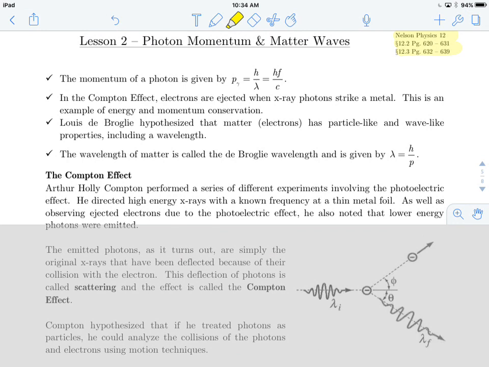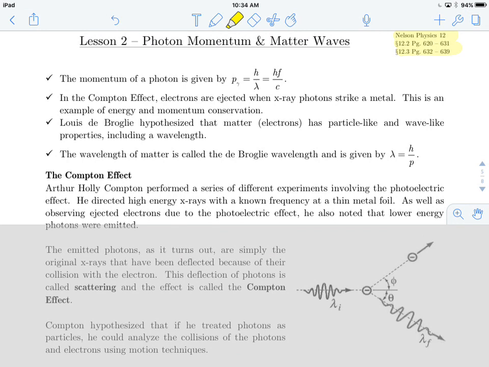We're going to investigate the Compton effect, where electrons are ejected from the surface of a metal when X-ray photons strike that metal. It's an example of the conservation of energy and the conservation of momentum. So it's similar to the photoelectric effect, but it includes momentum now.